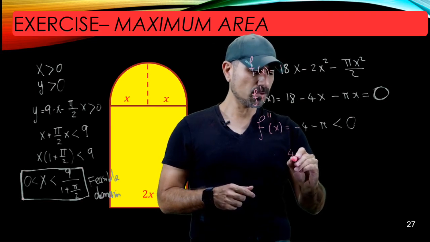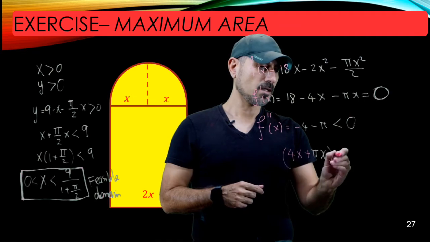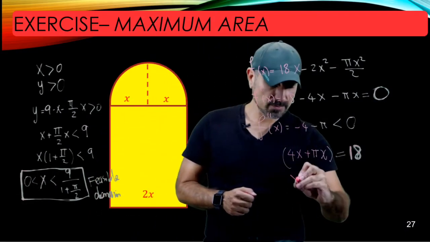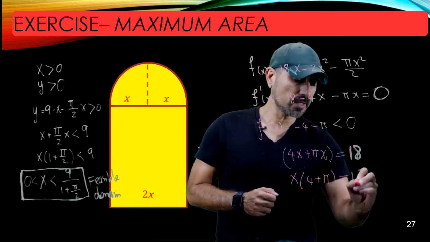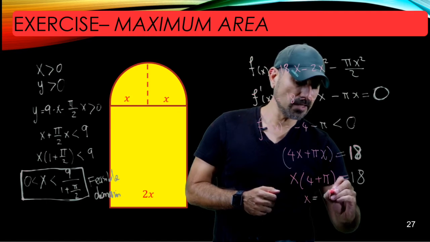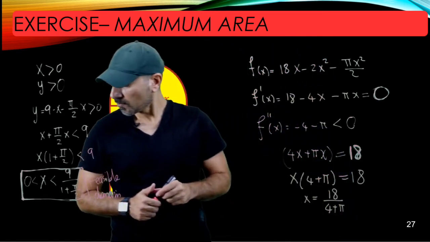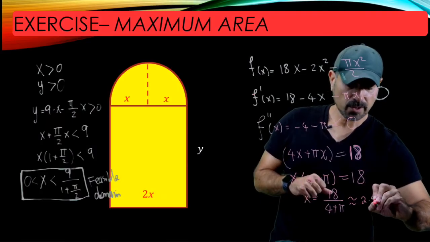So 4x plus pi x is equal to 18. And x factored out, 4 plus pi equals 18. And then x is 18 over 4 plus pi, which is equal to 2.52.